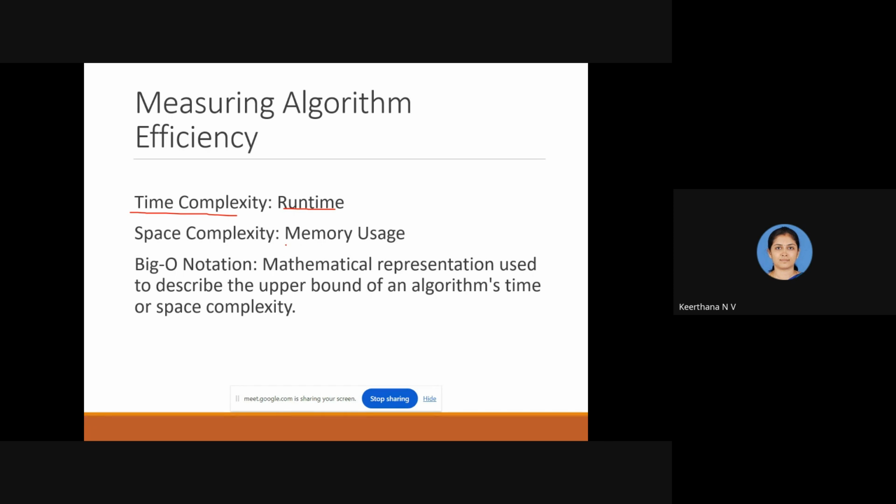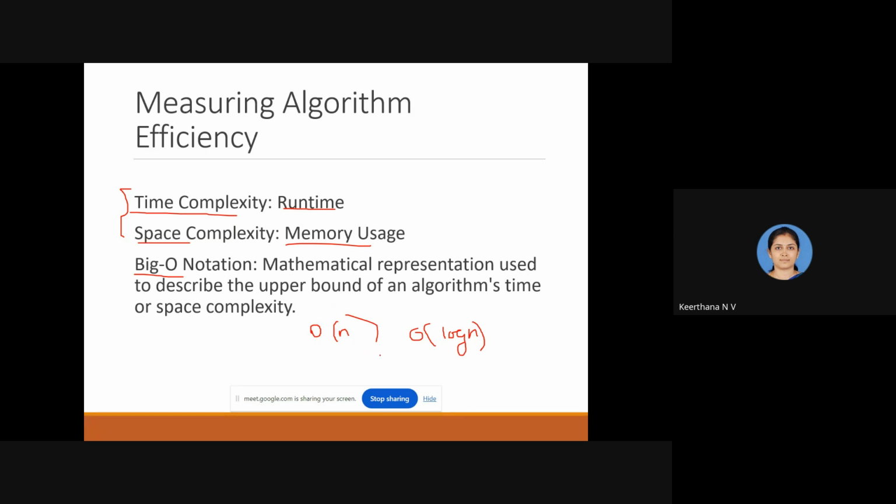How much space it is taking will be given as space complexity, and these two complexities are represented using big O notation, that is order of n, order of log n. Like that, it will be measuring the complexities of the algorithm.